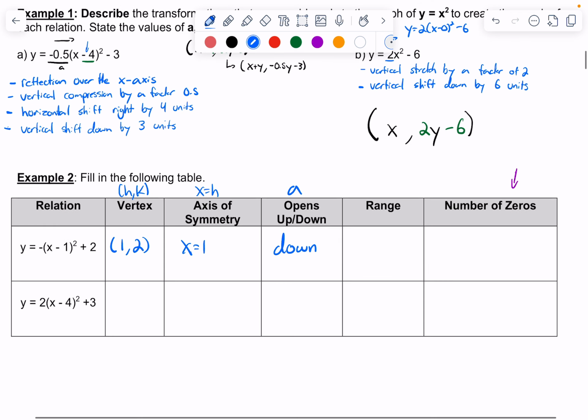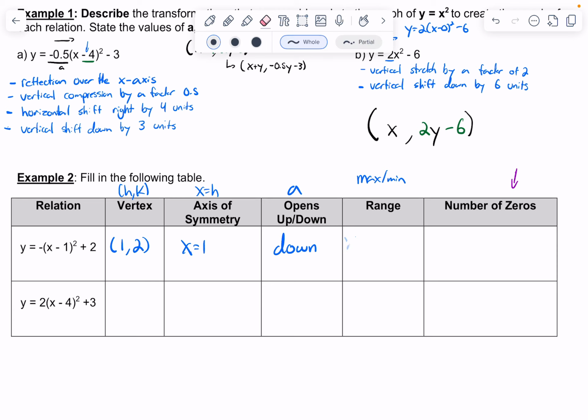And then your range. All right, figure out, is it a max or a min? You talk about your y value, so y's belong to real numbers, but do you have a restriction? In a parabola or a quadratic, we always have a restriction on our y.